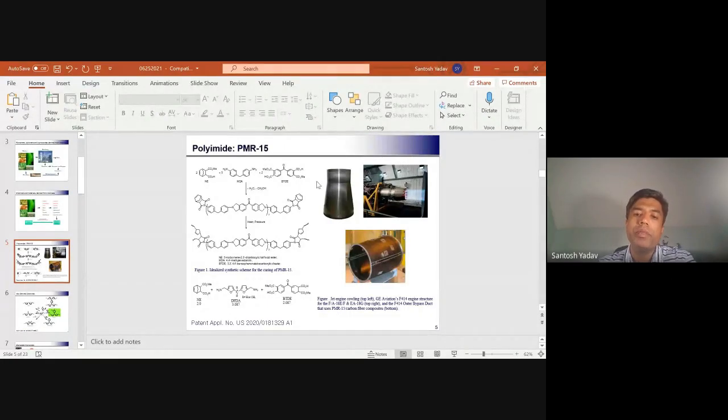Let me give a little explanation of what a thermoset polymer is and what a thermoplastic polymer is. Usually, if you take any polymer and are able to melt it and mold it into different shapes, that is a thermoplastic polymer.